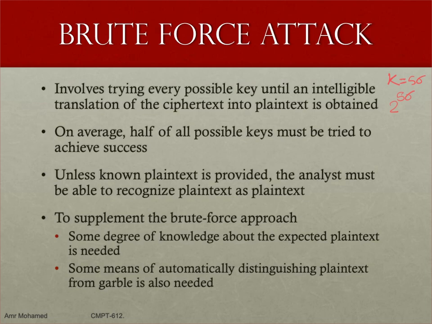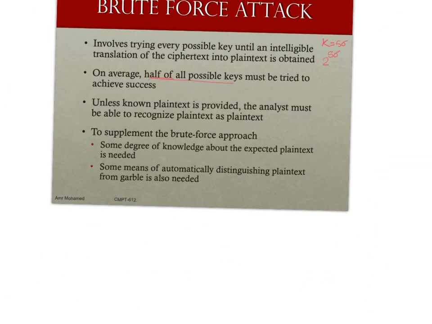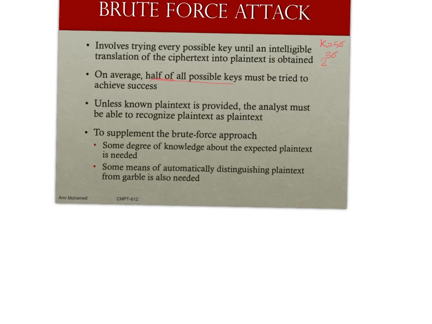But on average, we usually need half. Why? Because we assume that the key is a random variable. A key is in fact a random variable, and I'm talking about its value from 0 to 2 to the power 56.